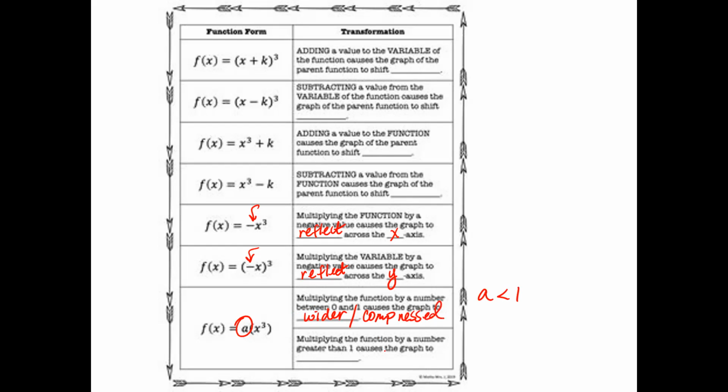Opposite of that, if you're multiplying by a number greater than 1, so a is bigger than 1, it's going to cause the graph to be skinnier, or I guess I should say more stretched.